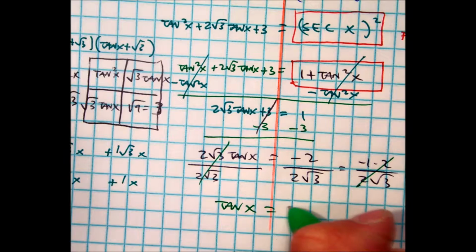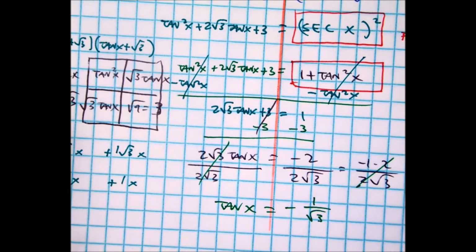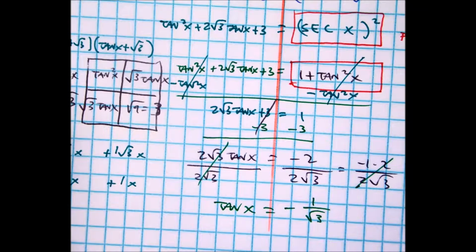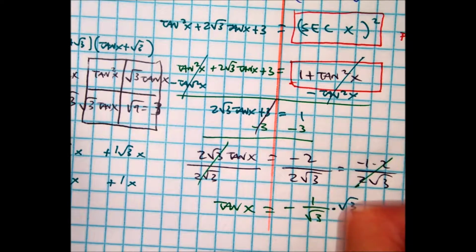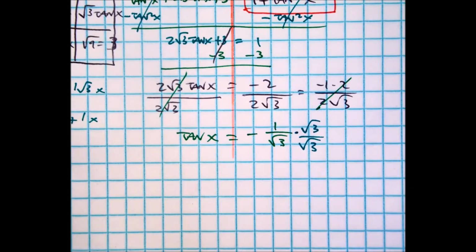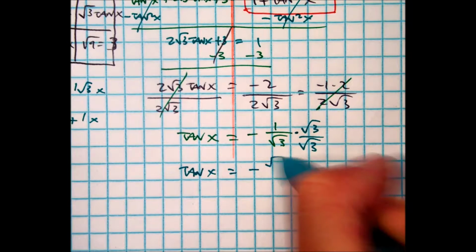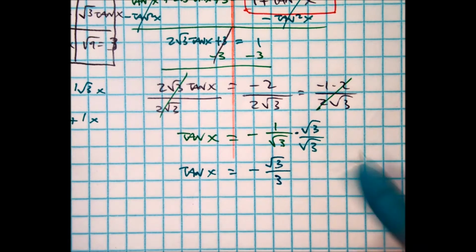So we have a -1 over radical 3. And then I'm going to rationalize. So I have tangent of x equals negative radical 3 over 3.